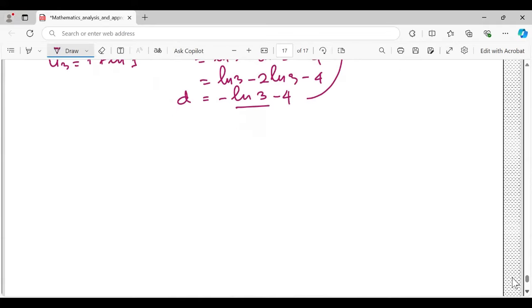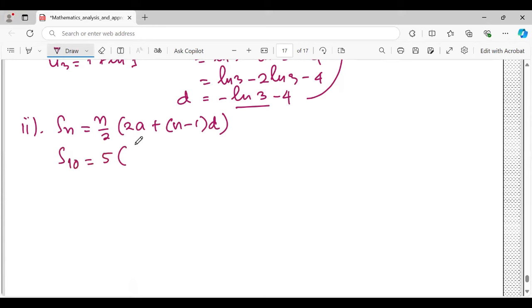The formula of S10 is n over 2 times 2a, where a is the first term. If n equals 10, it is 5 times 2a, and a is 9 plus ln 9.